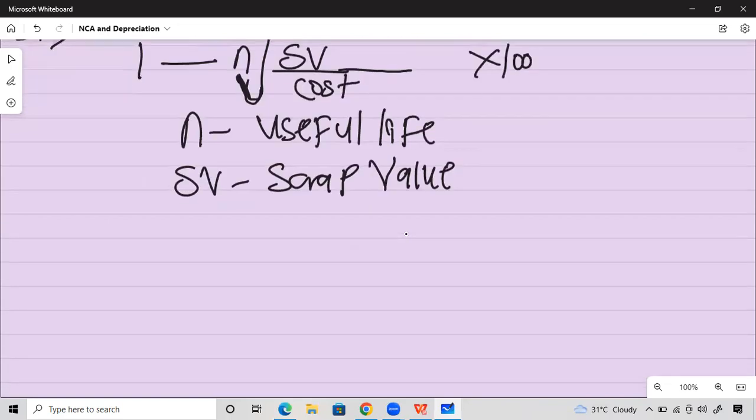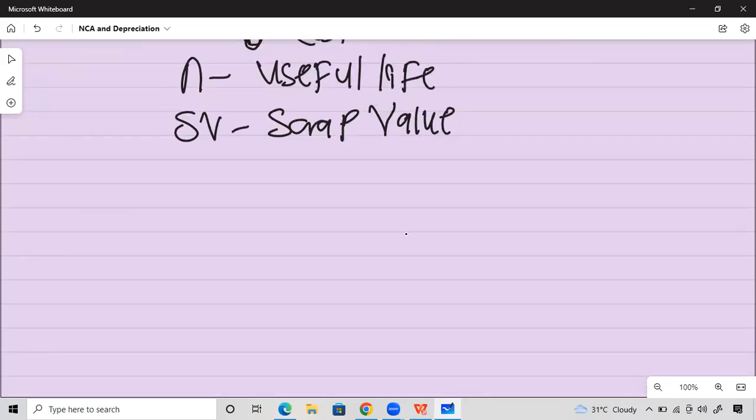Okay, so let's take some examples. Example 1. Let's say the cost of the asset is 3,000.